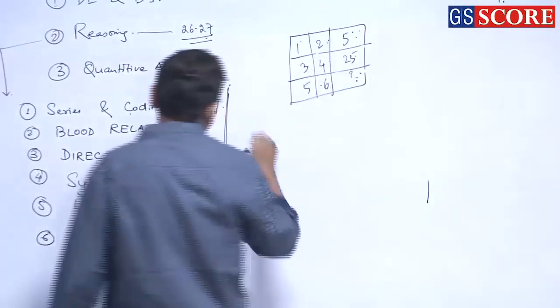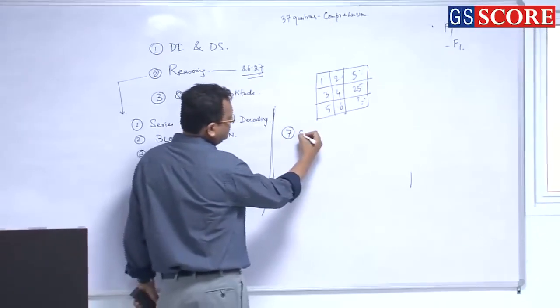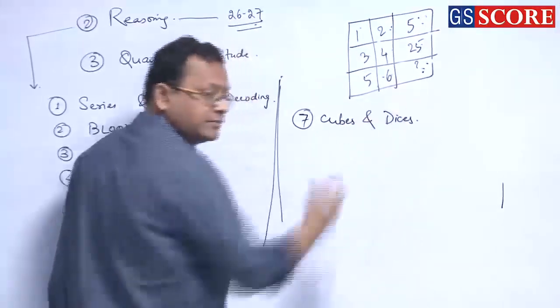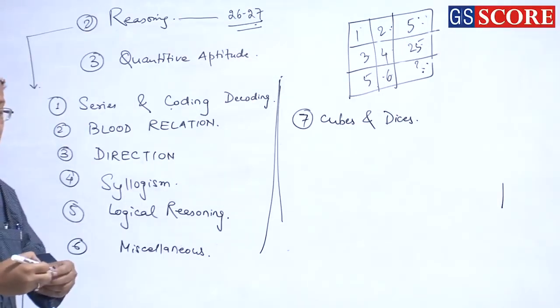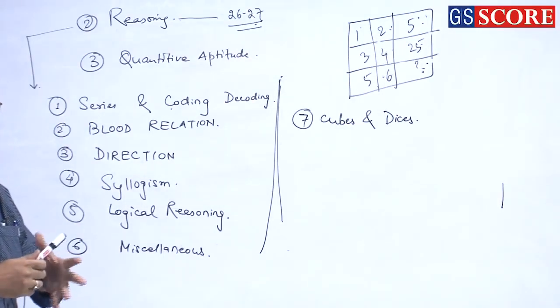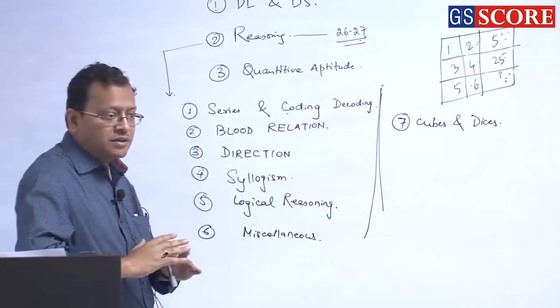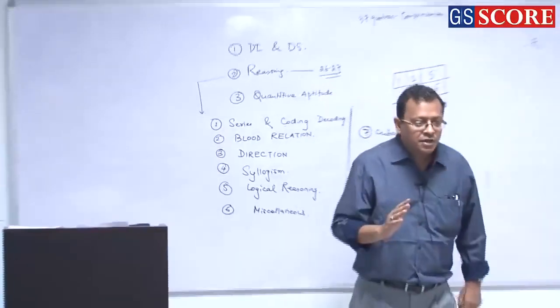One thing which I forgot is the questions on cubes and dices. Now questions on cubes and dices could be something like this. A cube is given, say a 3 centimeter cube is given, and then it is colored on all sides by say green color.